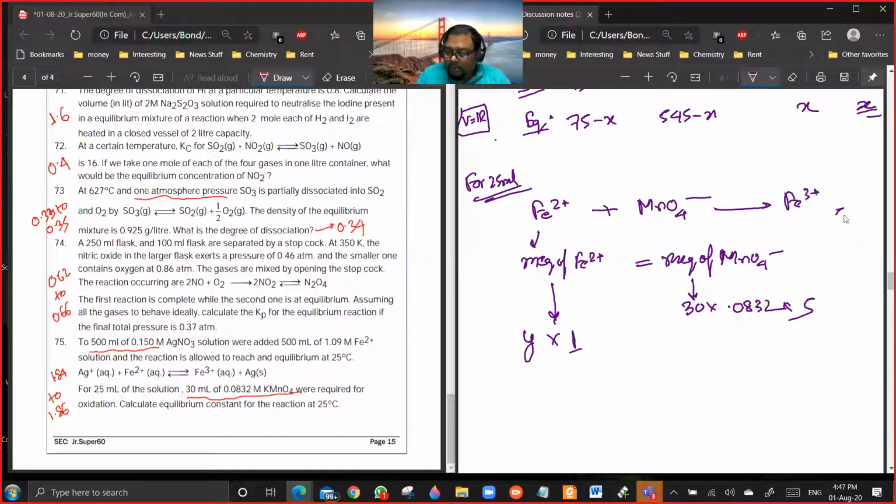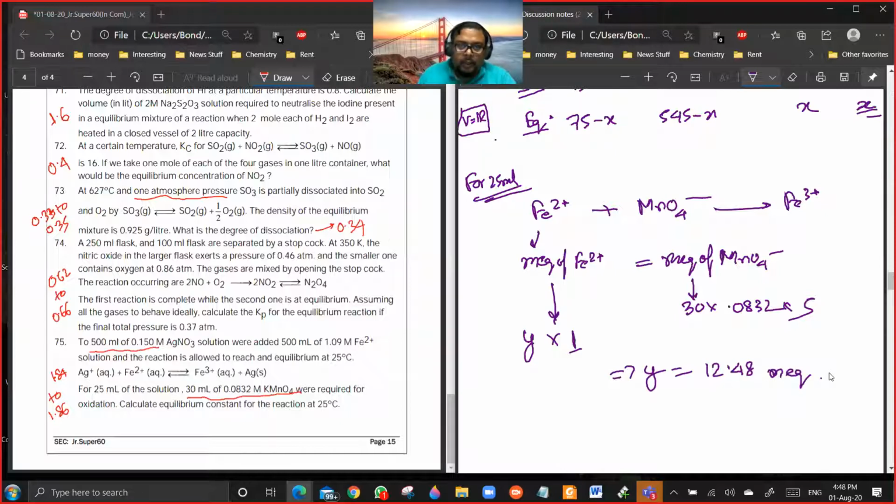Technically, they should give it, but if they have not given anything, then you have to assume it to be 5 only. So from this I can get Y is equal to 30 into 5 into 0.0832, so it is 12.48 meq.